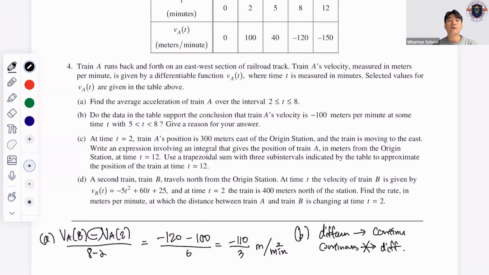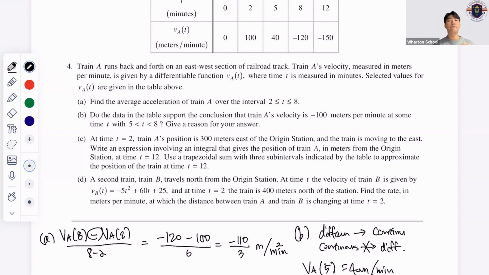From the table, we see that the velocity at time 5 was about 40 meters per minute, and it was negative 120 at time 8. A continuous function must pass through every value between 40 and negative 120 as t moves from 5 to 8.